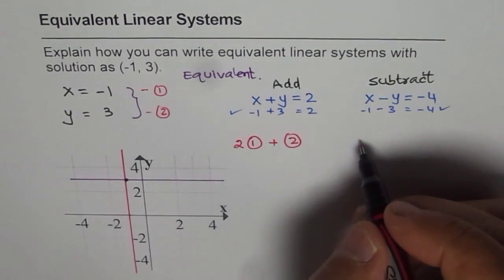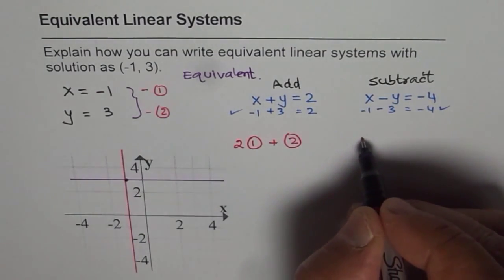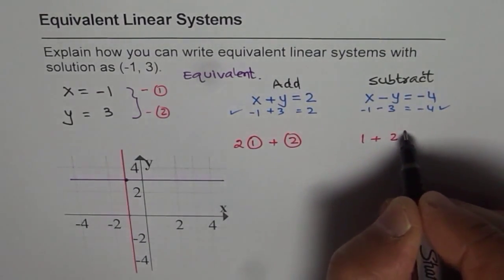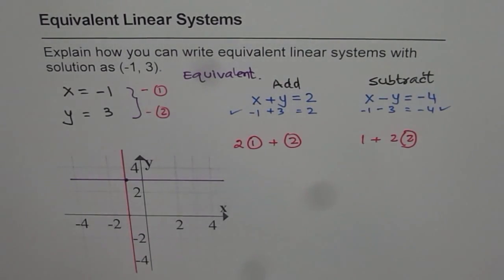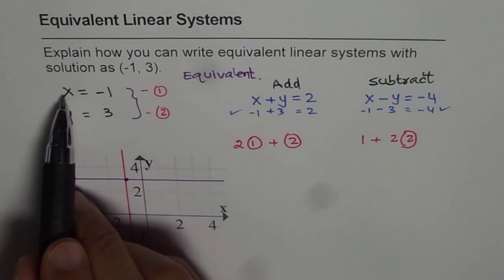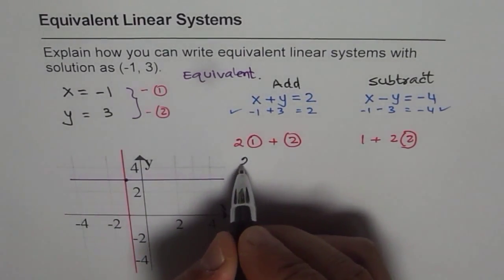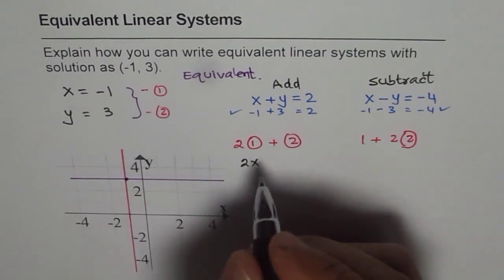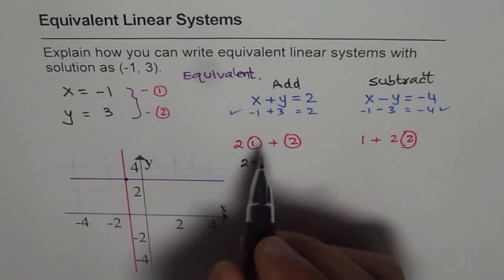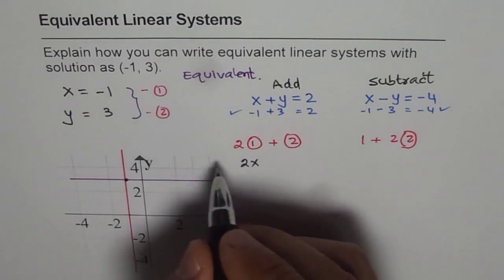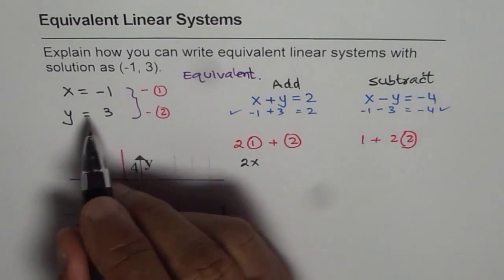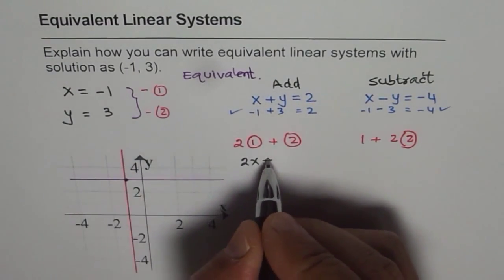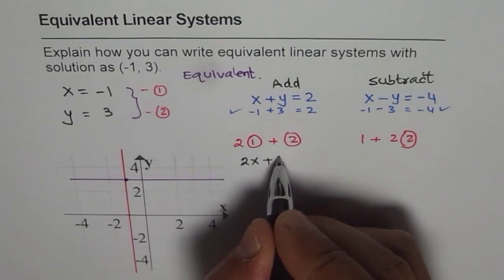So I do equation 1 plus 2 times equation 2, and form a new system. 2 times the first equation is 2x, and plus y, I'm just adding the second equation as such.